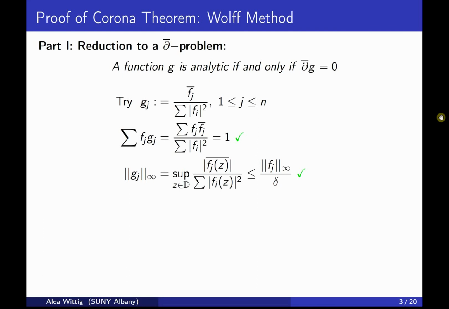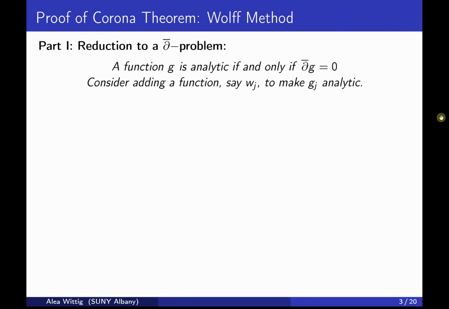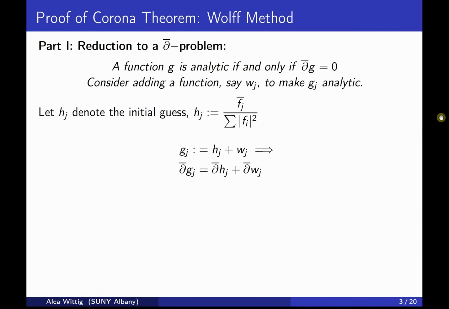We also have the supremum norm is bounded, but the problem is that d bar is not equal to 0. Right, so how do we go about solving that problem? Well, let's consider adding a function, w_j, to make g_j analytic. So let's let h_j denote our initial guess and take g_j to be equal to h_j plus w_j.